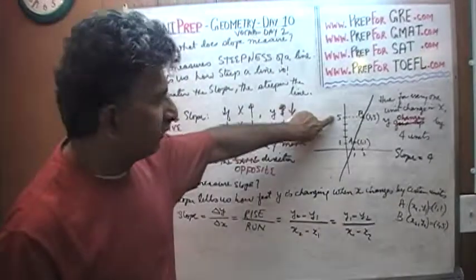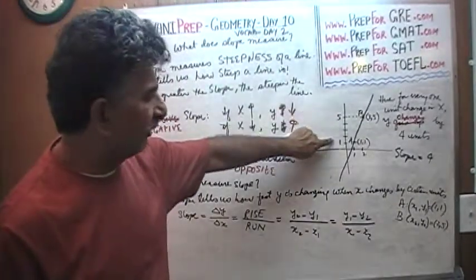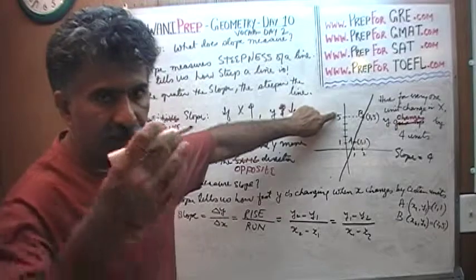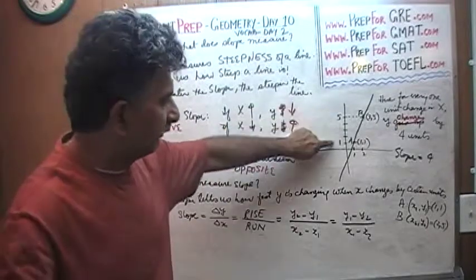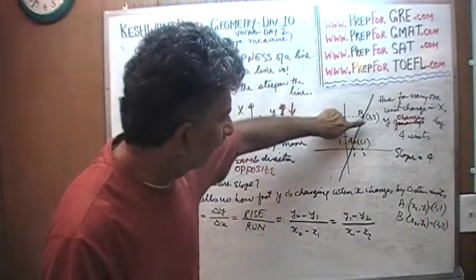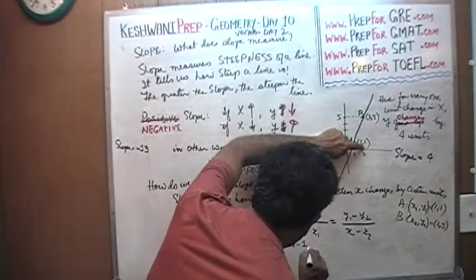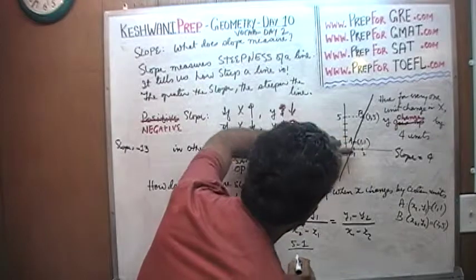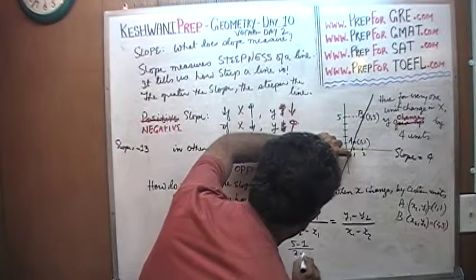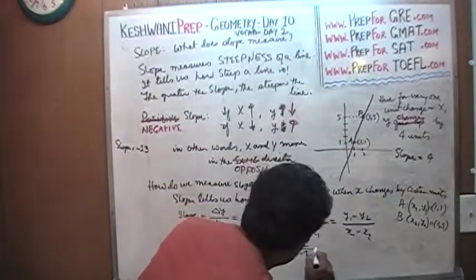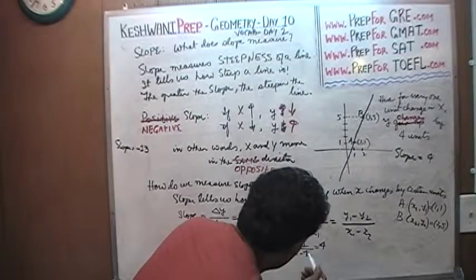So it will be the final point where you arrived at minus the initial point, so it will be 2 minus 1 for x and 5 minus 1 for y. So it will be 5 minus 1 over 2 minus 1.